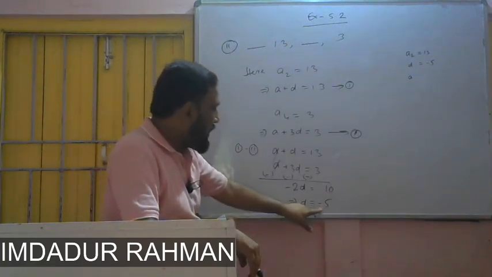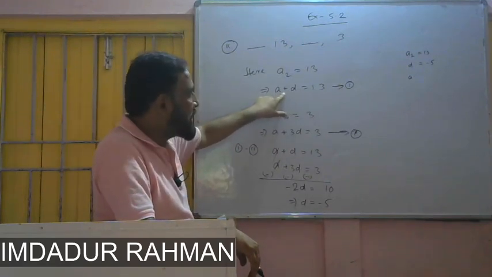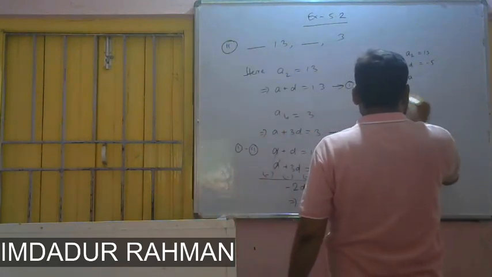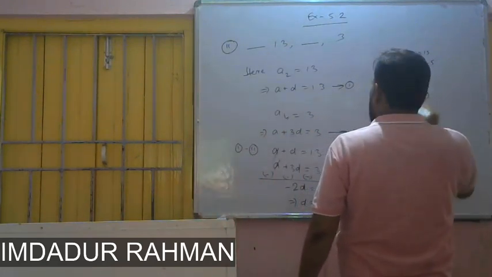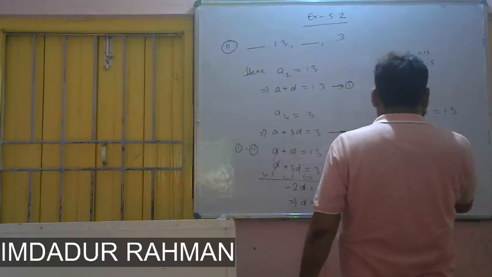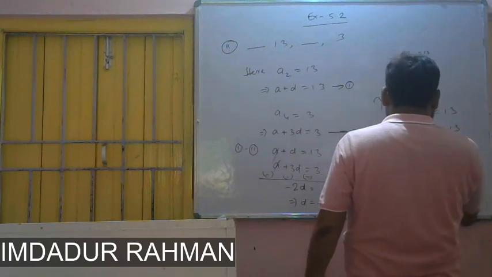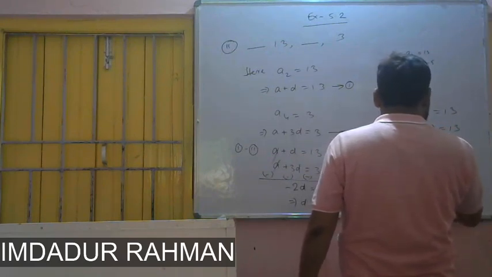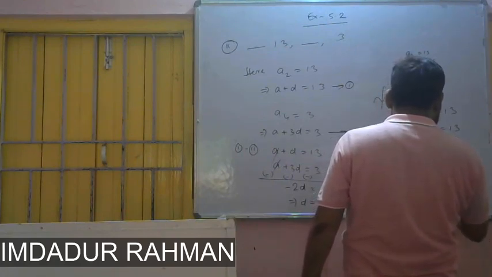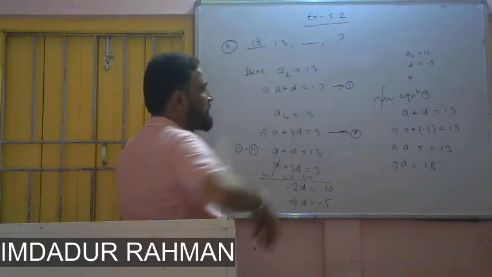From equation number 1 we are getting A. A plus D is equal to 13 implies A plus minus 5 is equal to 13 implies A minus 5 is equal to 13 implies A is equal to 18. So A is 18.